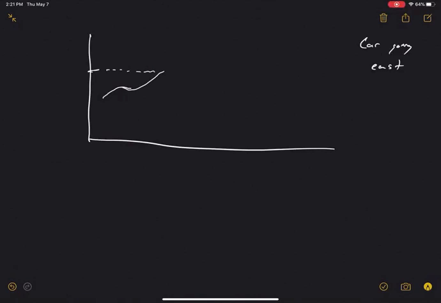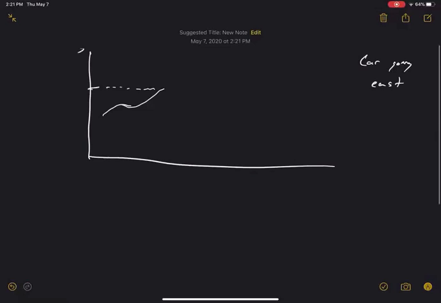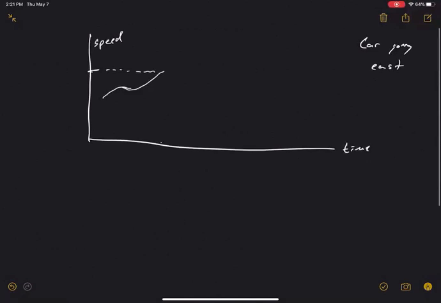Let's say this is my speed axis, and this is my time axis. So at time A, I'm traveling at this speed, S1, and I'm traveling east at speed S1.